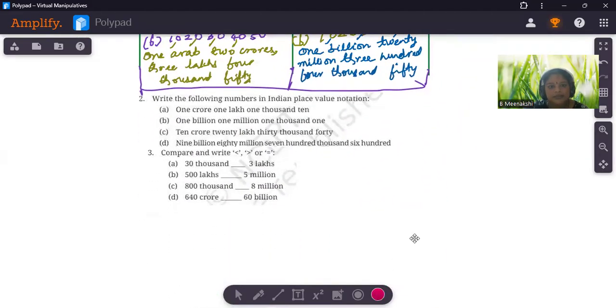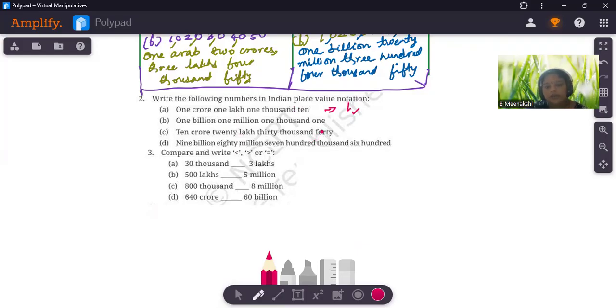Now let us see this. 1 crore, 1 lakh, 1,010. So this is nothing but the Indian place value. 1 crore, 1 lakh, 1,010. So 1 crore, okay.